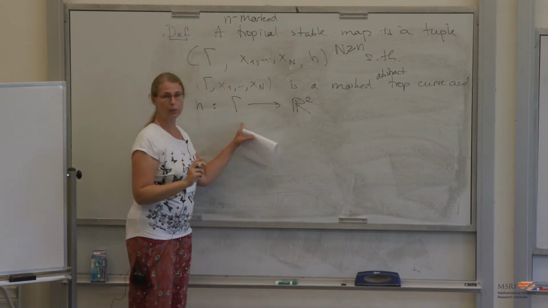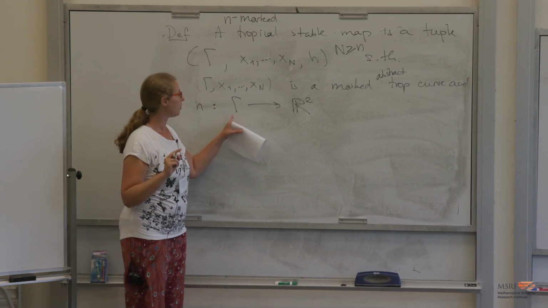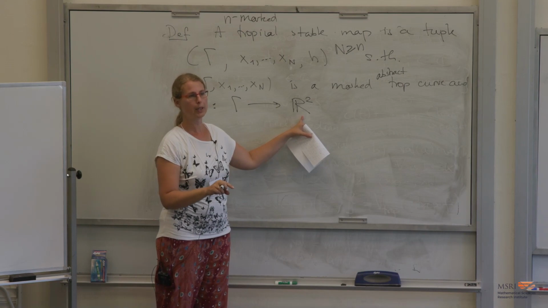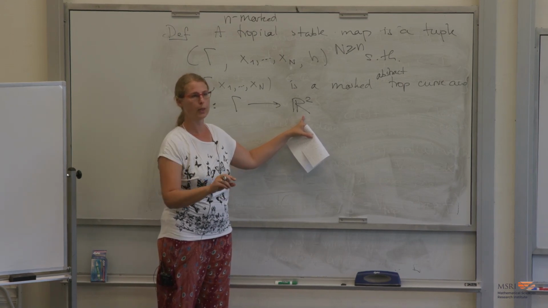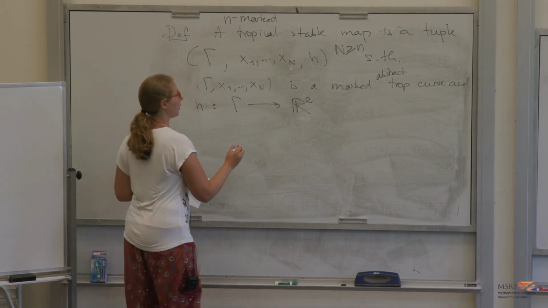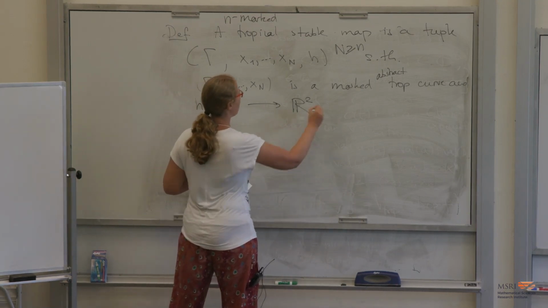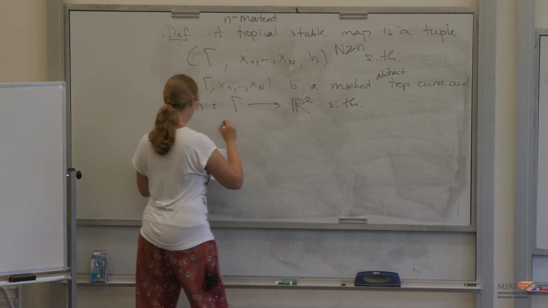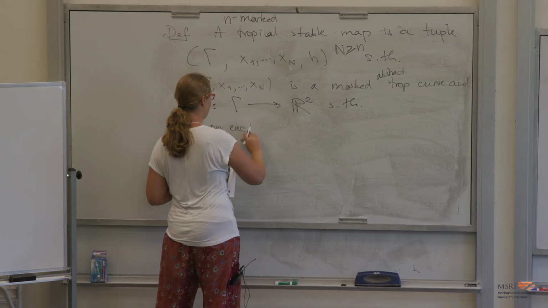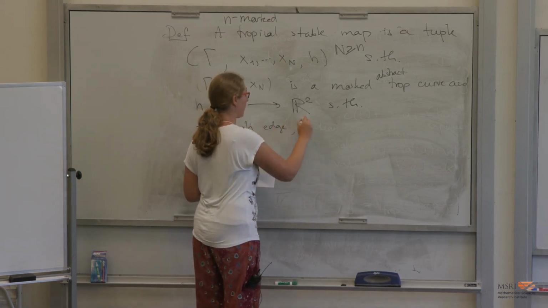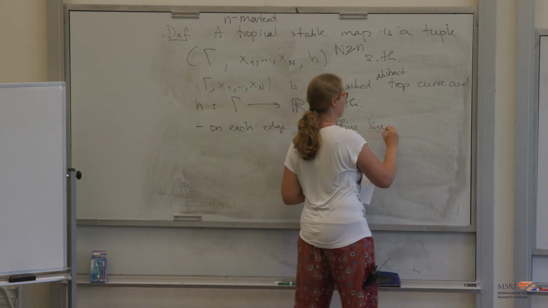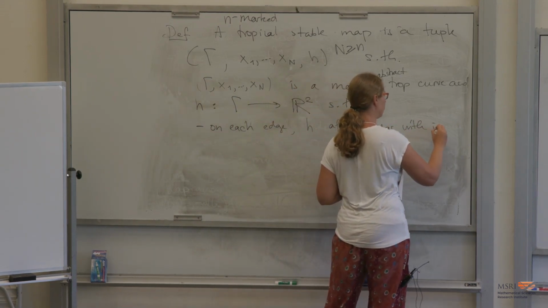And very roughly, I just want you to think H maps gamma into R2 such that H of gamma looks like an embedded tropical plane curve, looks like what we've been studying the last times. Yeah? But to be a bit more precise, I'm going to tell you on each edge, H is affine linear with integer slope.